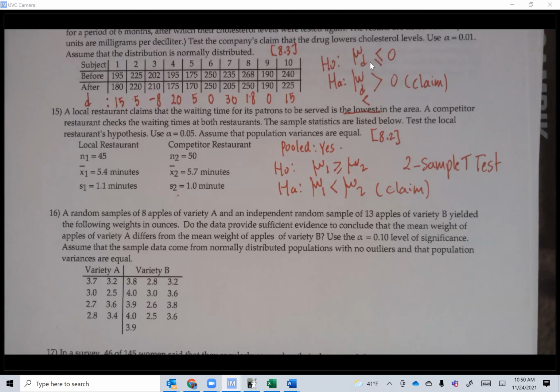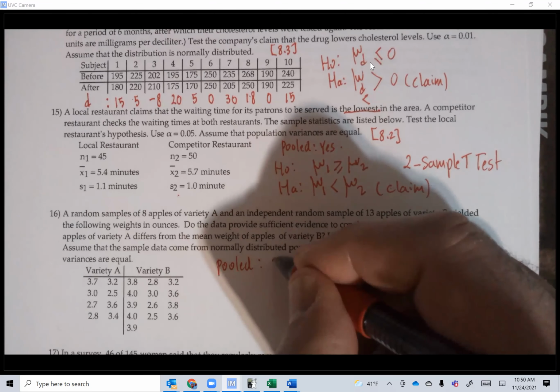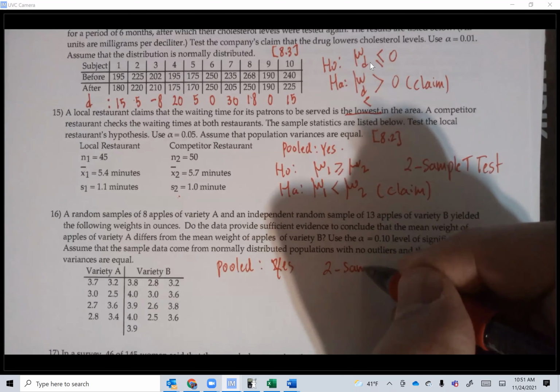Use alpha as 10%. Assume that the samples come from populations that are distributed normally with no outliers, and that population variances are equal. So pooled is yes here. And that's the hint for you guys that it's going to be a 2-sample t-test. Once he mentioned pool, it's a 2-sample t-test, period.